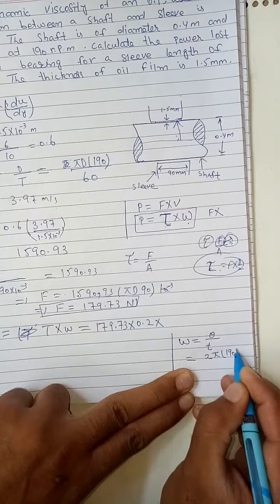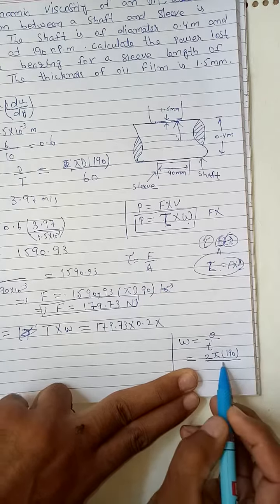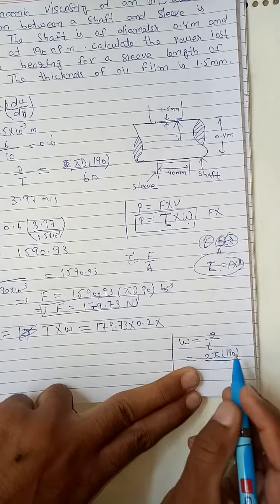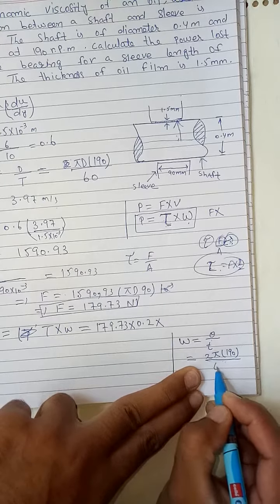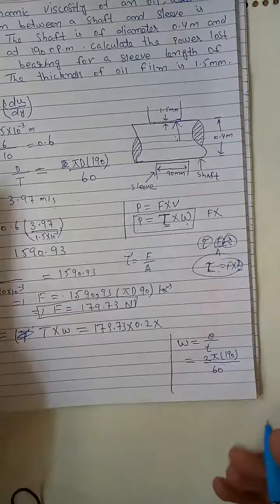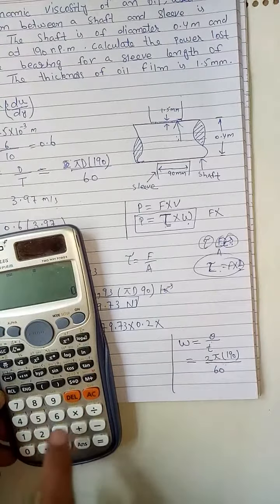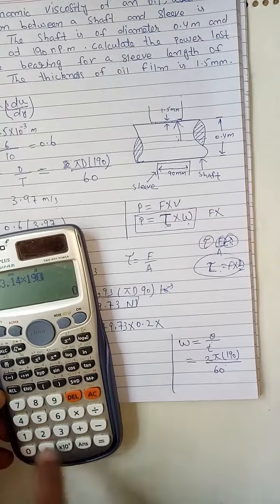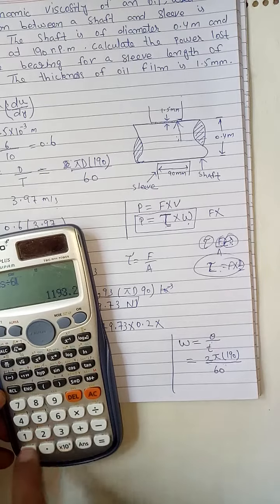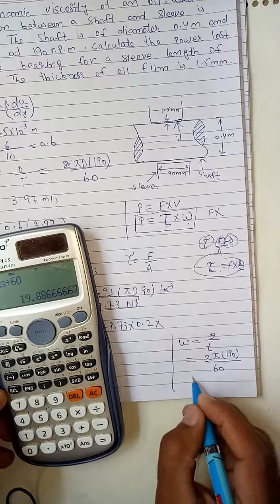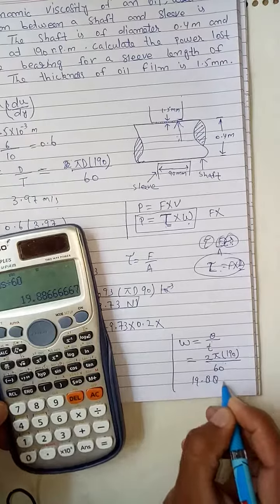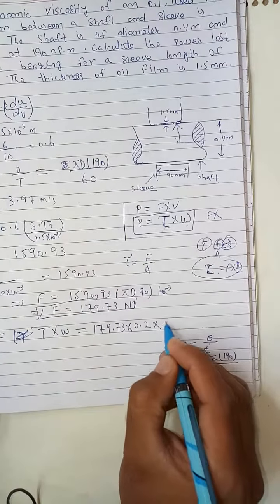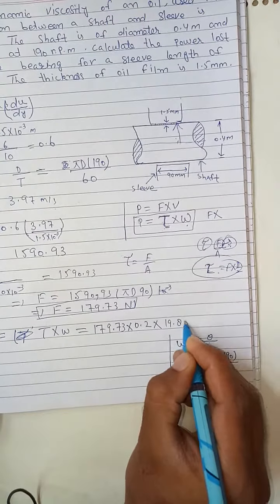I will write here 190, and it takes time 1 minute, so I will write here 60 seconds. Which comes out to be 19.88.